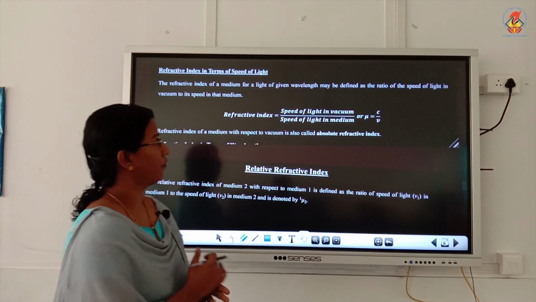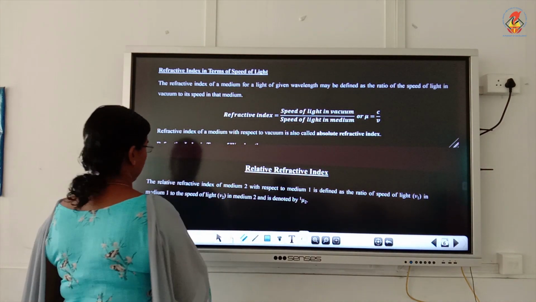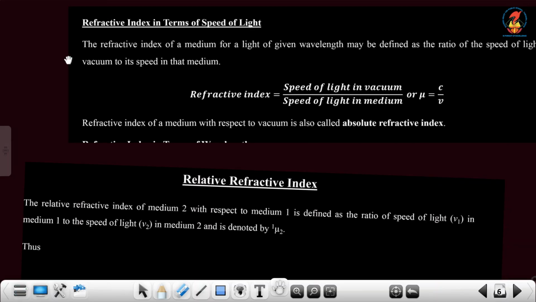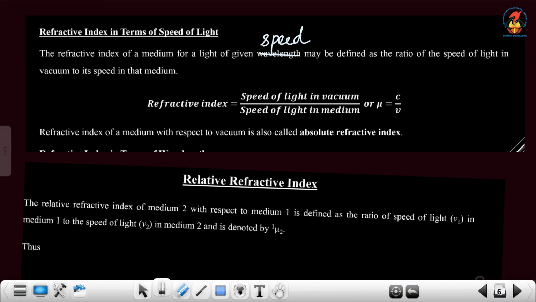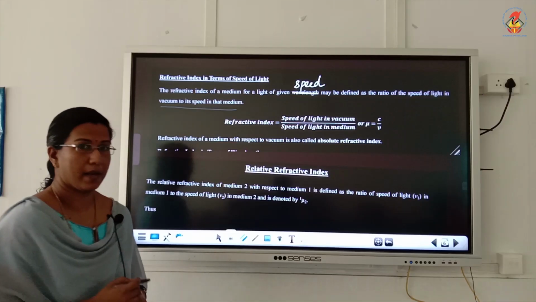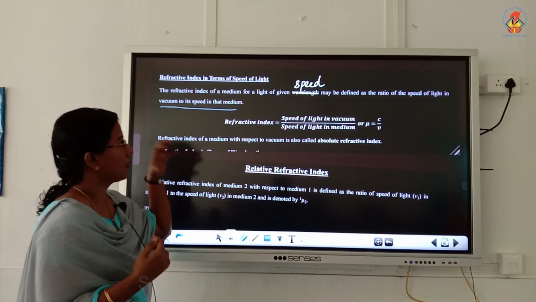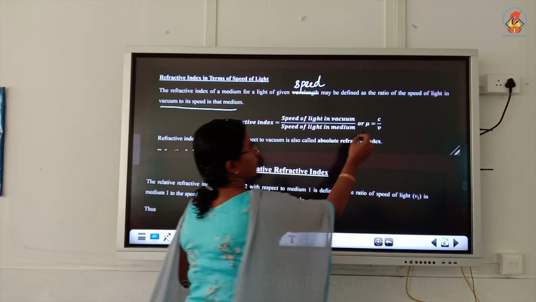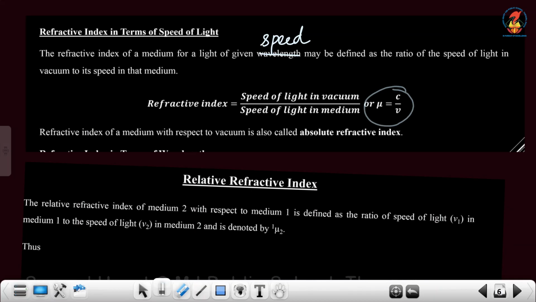In terms of speed of light, the refractive index of a medium is defined as the ratio of the speed of light in vacuum to the speed of light in the given medium.